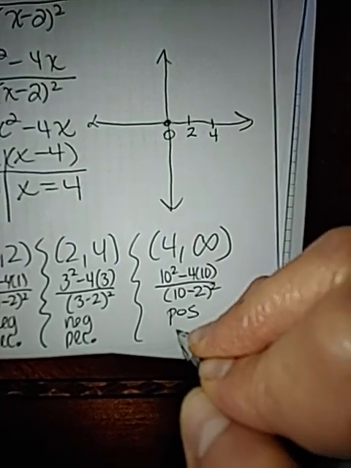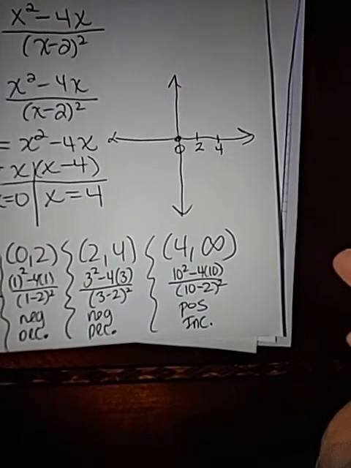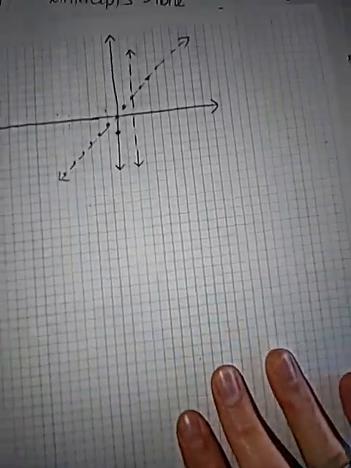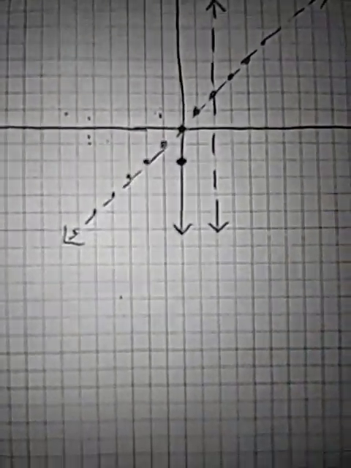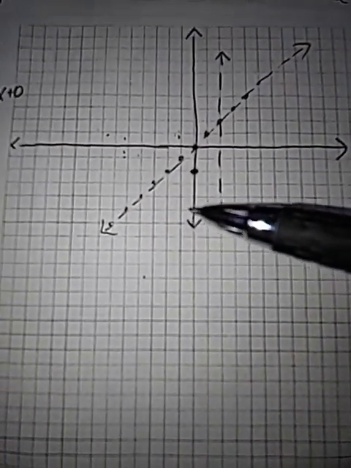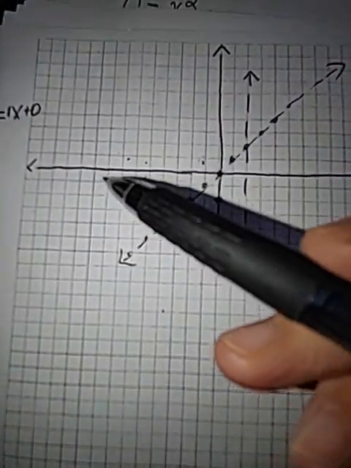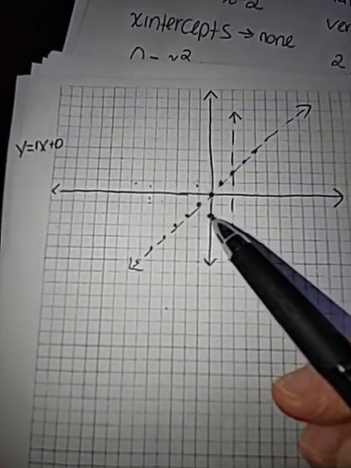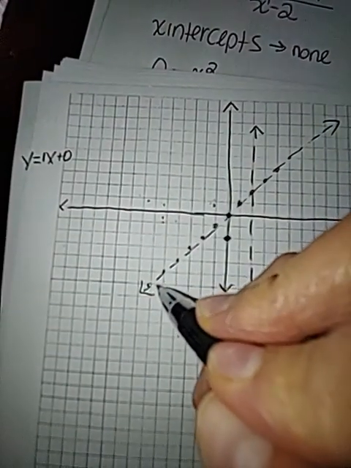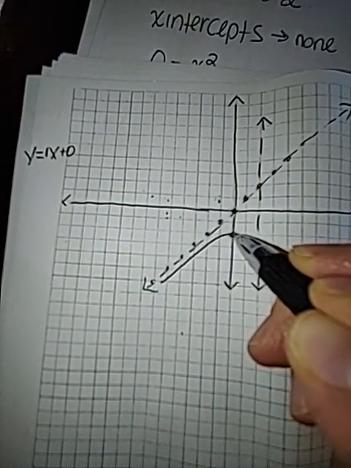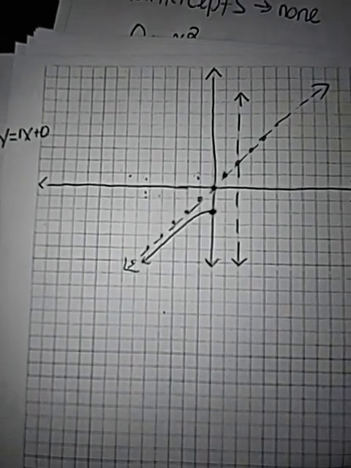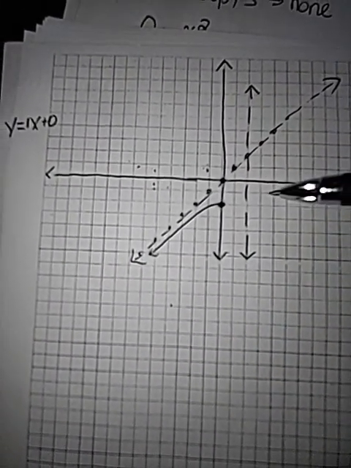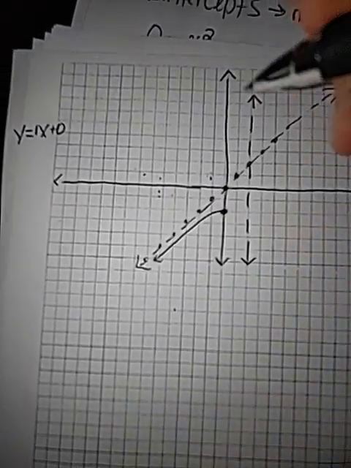The whole thing is positive, which means the graph is increasing. So from negative infinity up to 0, I have to be increasing. Remember, that's my y-intercept, so I'm increasing up to that point. Now from 0 to 2, I have to be decreasing.